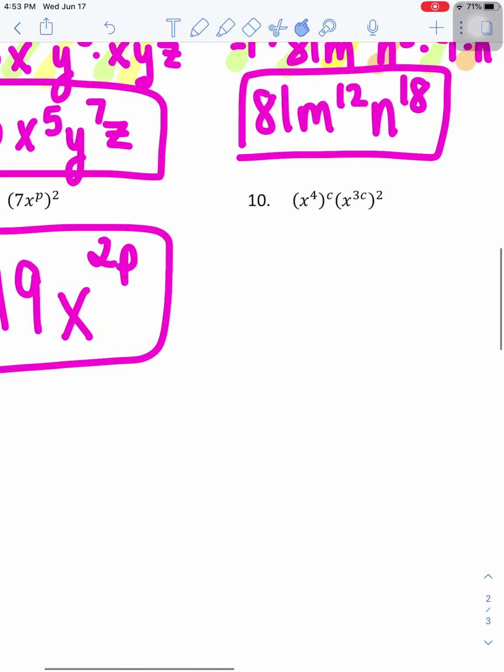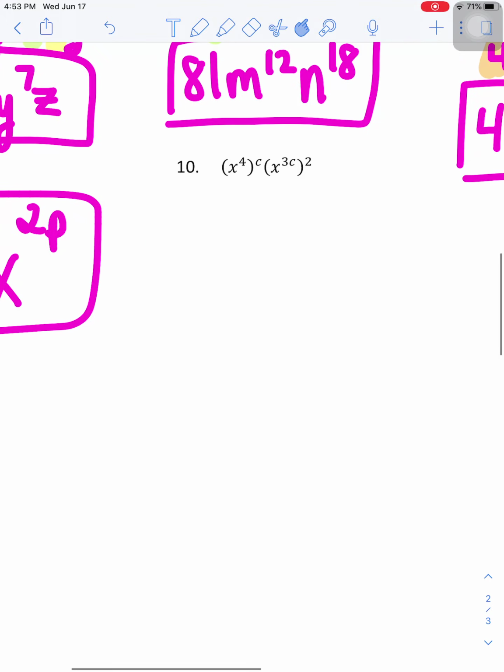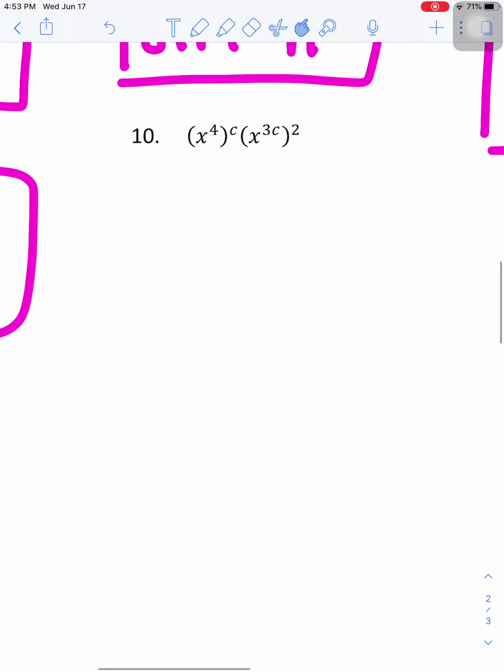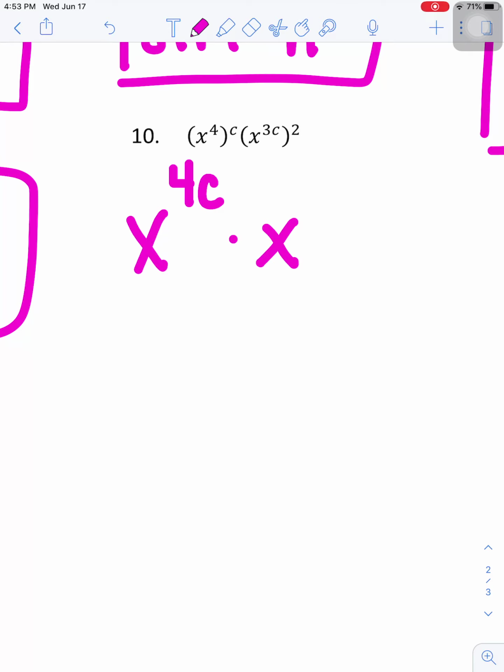All right, number 10 is conceptual again, but we are combining both rules. So take a moment to copy it down. You have the quantity of x to the fourth raised to the c power times the quantity of x to the 3c raised to the second. So in the first scenario, you'll have x to the 4 times c, or 4c. In the second scenario, you keep the base, which is x.